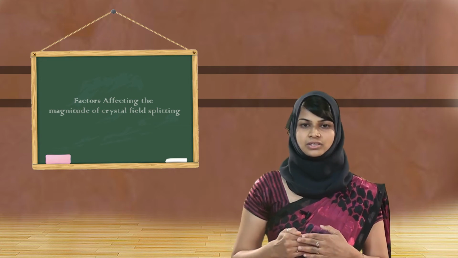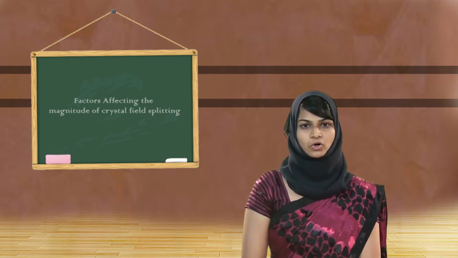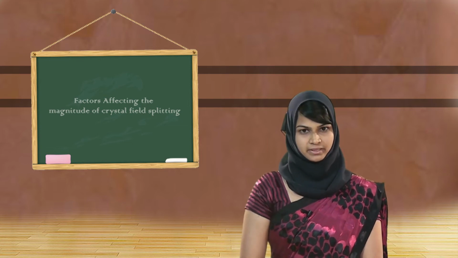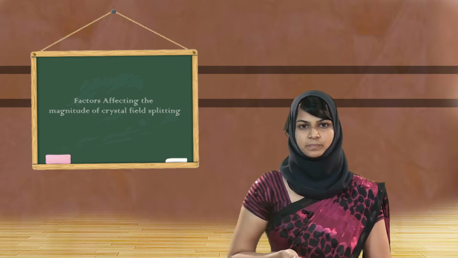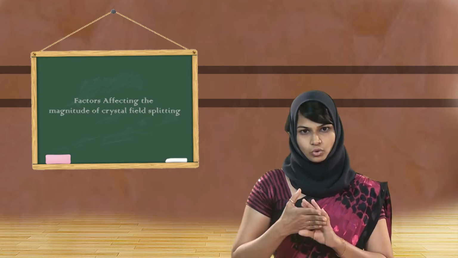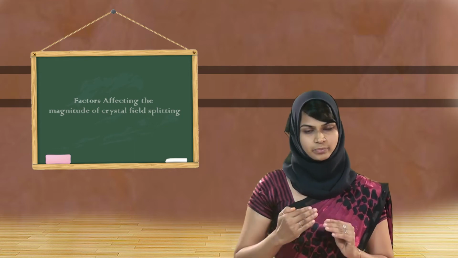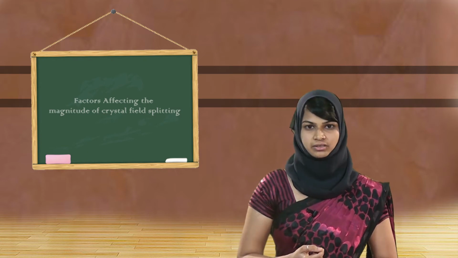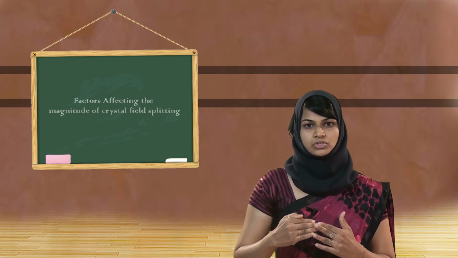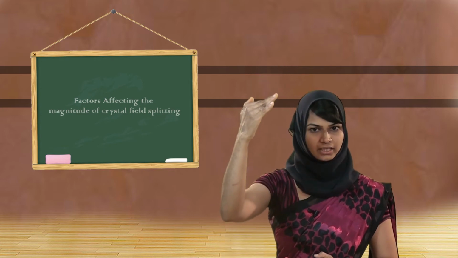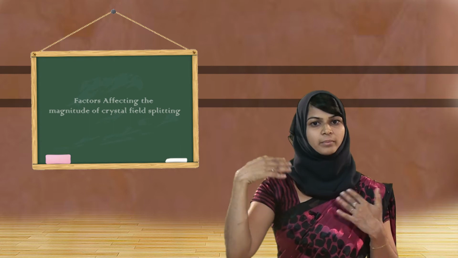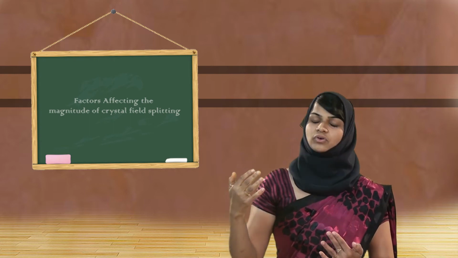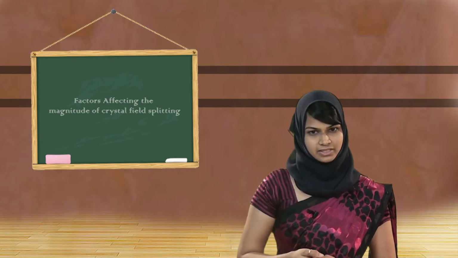Weak field ligands usually give rise to a high spin complex. What is this high spin complex? In a high spin complex, the crystal field splitting energy is always lesser than the pairing energy. Therefore, electrons jump to the higher energy level, we get more unpaired electrons, and so the complex is high spin.